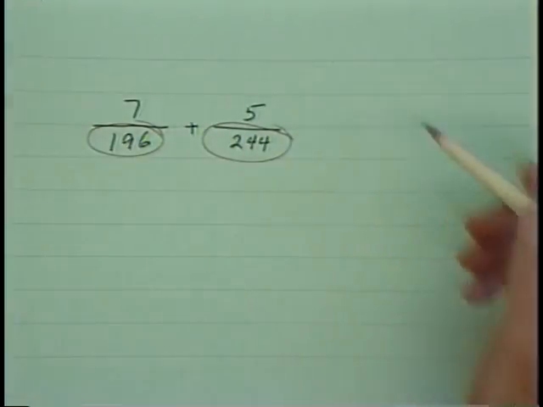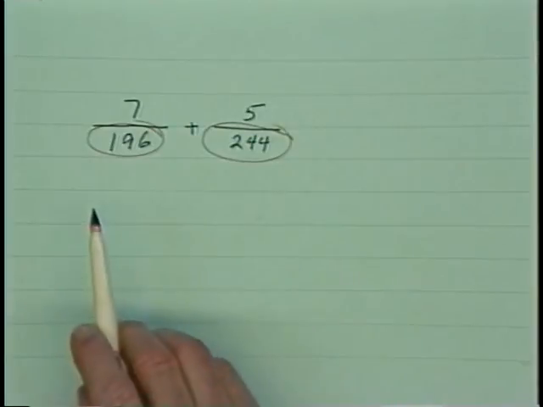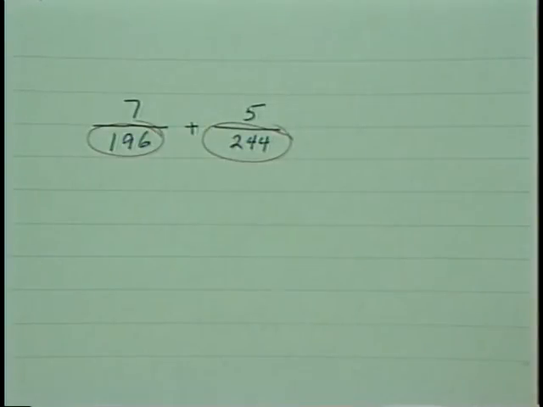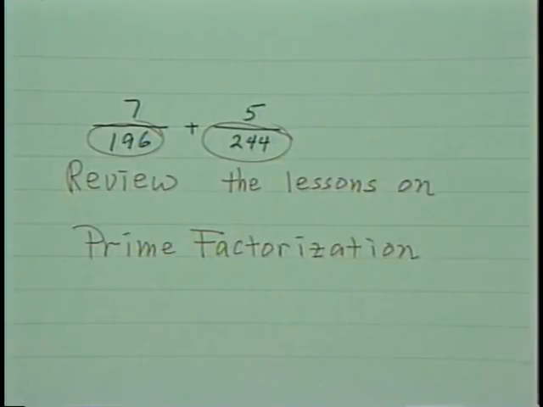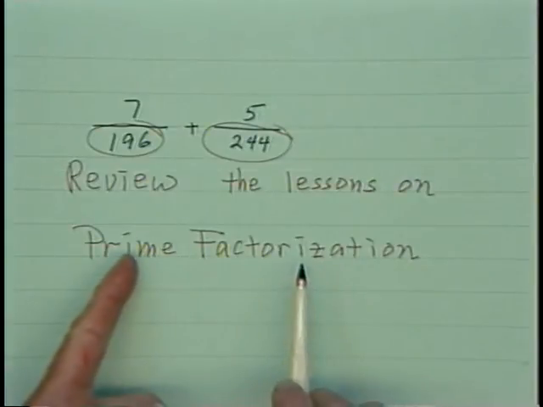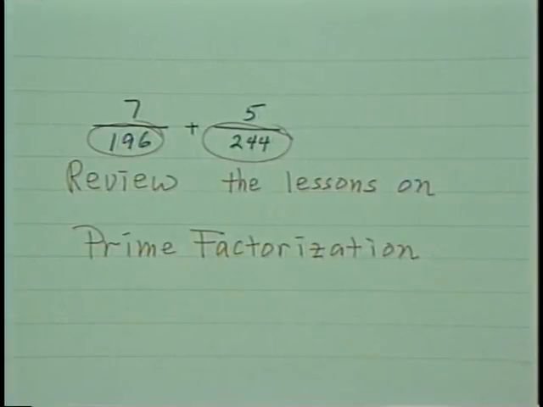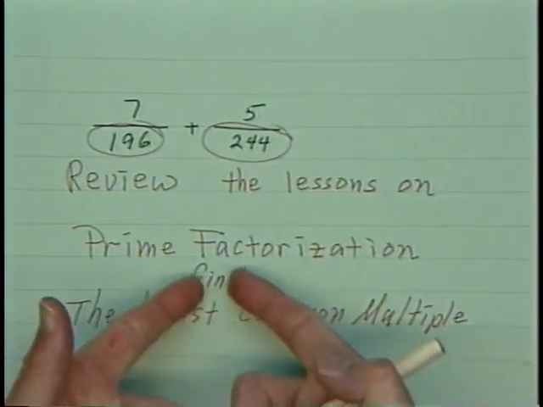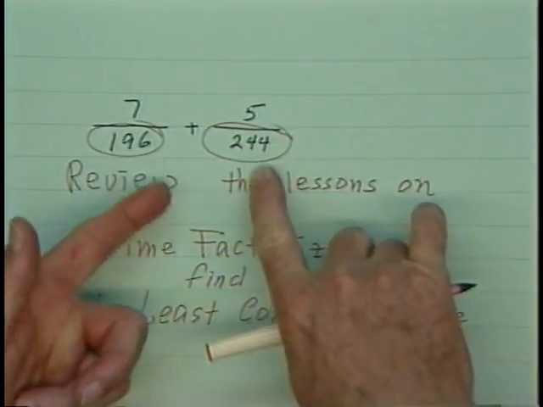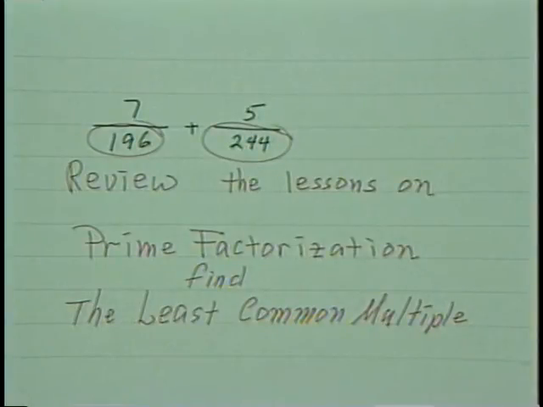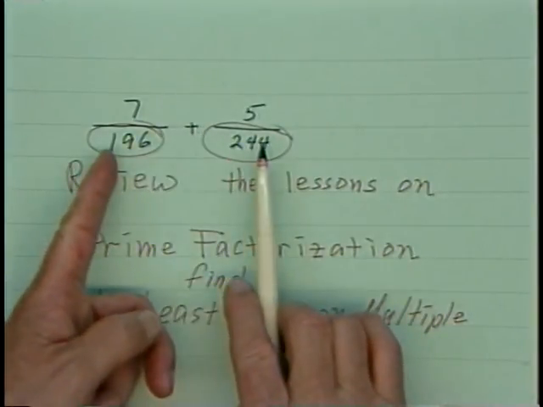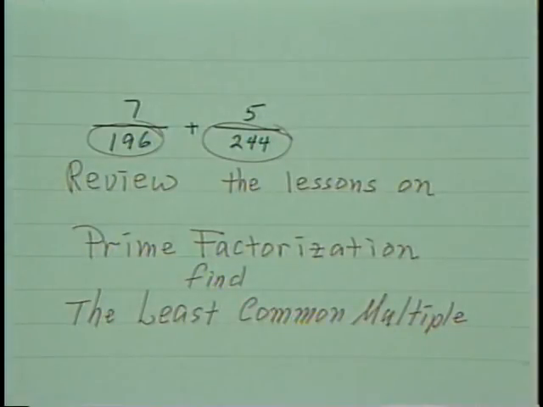So you might want to spend a few of your moments while you're doing this very easy lesson and the next few easy lessons to review the lessons on prime factorizations, because we're going to have you prime factor each of the denominators and then using this prime factorization of each denominator to find the least common multiple of the denominators. And having done that, we will find that adding two fractions, no matter how messy they look, really are quite routine and not at all hard.